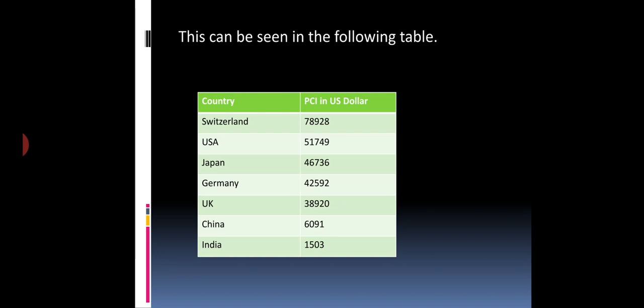For instance, country and per capita income in US dollars. Switzerland, having the highest per capita income, is $70,928.